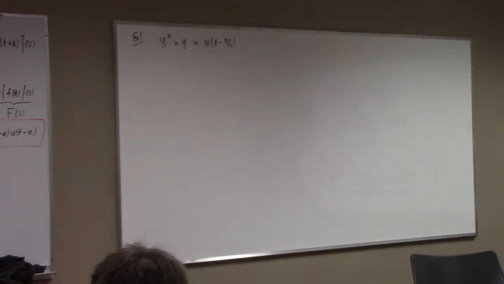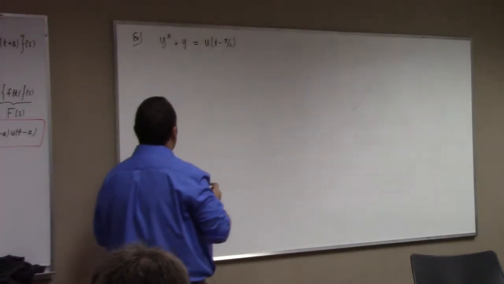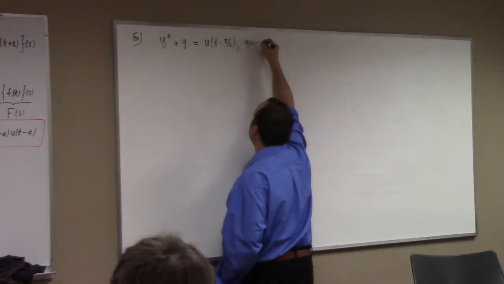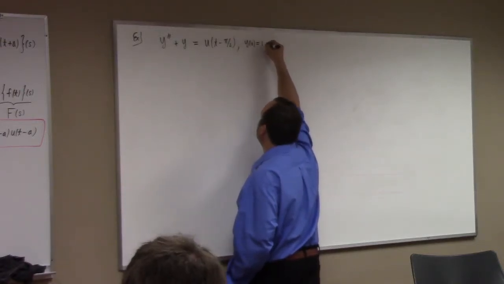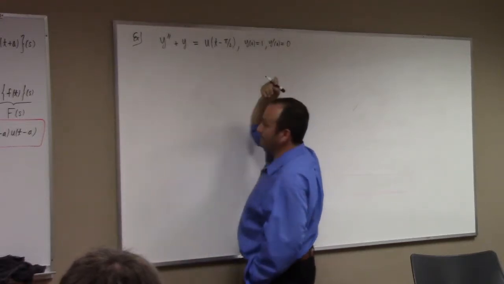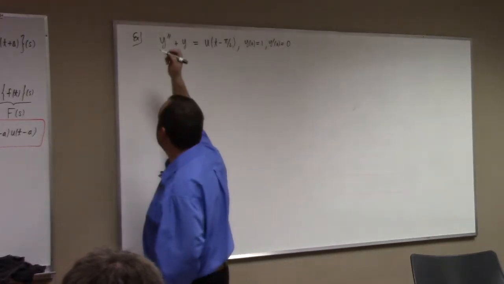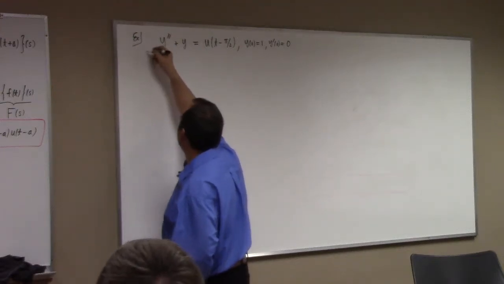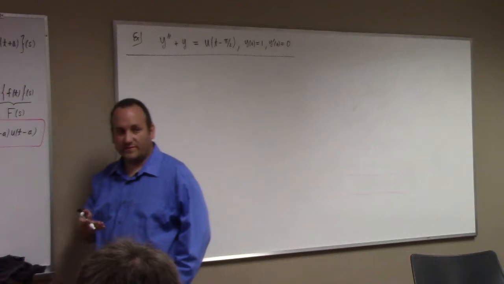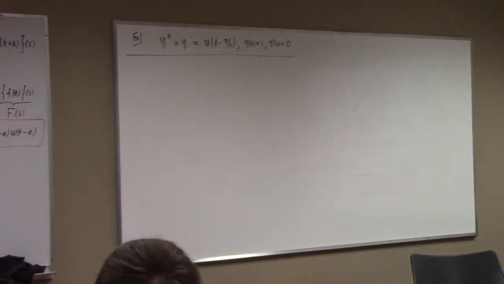To keep things relatively simple, getting started here, let's suppose that y of 0 is equal to 1 and y prime of 0 is equal to 0. Let's solve the problem using the method of Laplace transforms.